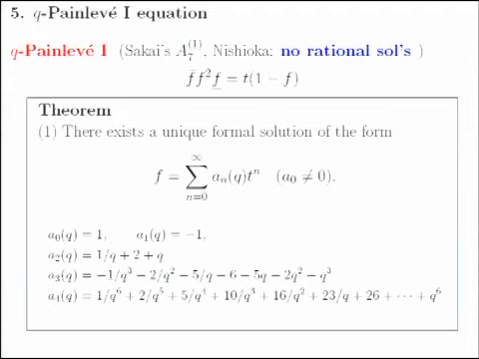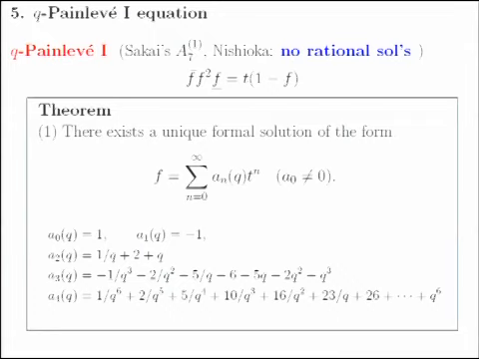If you are an expert in Painlevé equations, you may remember the name Nishioka, who proved the transcendence of the continuous classical Painlevé 1 in 1984. This Nishioka is the son of that Nishioka. So Nishioka senior proved the irreducibility of the continuous Painlevé 1, and Nishioka Jr. proved the irreducibility of qPainlevé 1. It's very, very excellent.